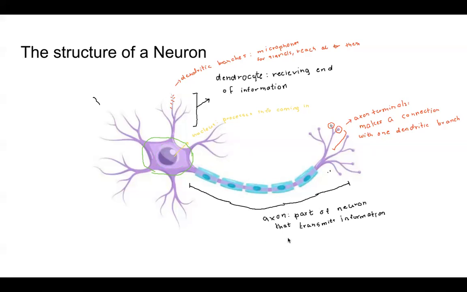So that structure is what is called your cell body. This contains the cytoplasm, which is basically a jelly-like structure which holds all the cell organelles. So things like the mitochondria, which basically produce energy for the cell.